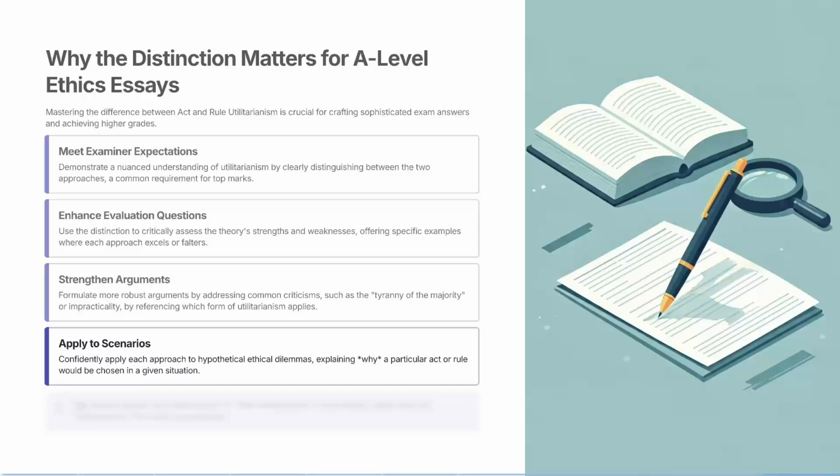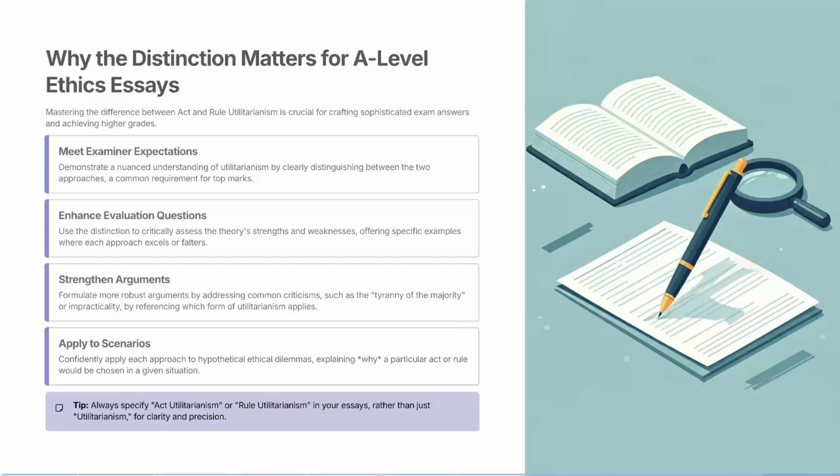I've given you a few in this set of slides, where you can apply each approach to hypothetical ethical dilemmas and explain why a particular approach would be better in a given situation. So always specify the key language in your essays, the difference between act and rule, rather than just utilitarianism as a general concept, and that brings a lot more clarity and a lot more precision.